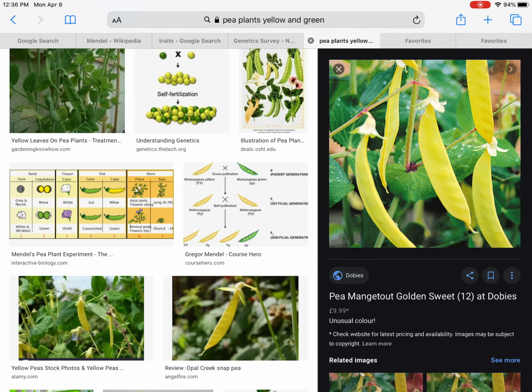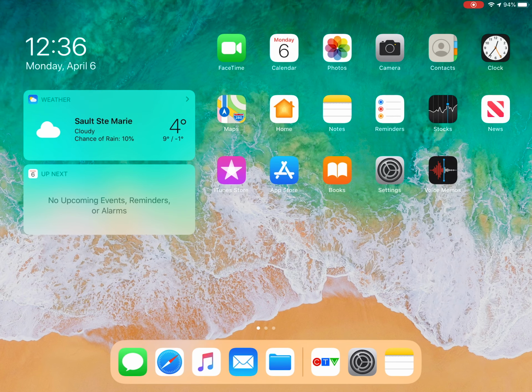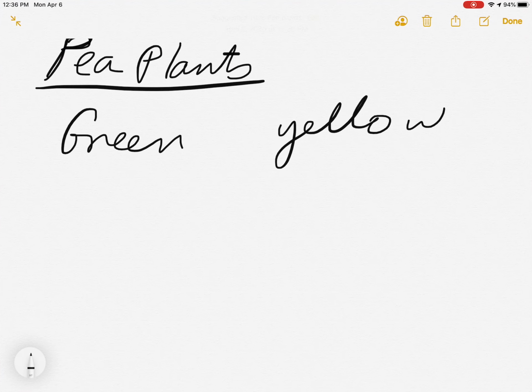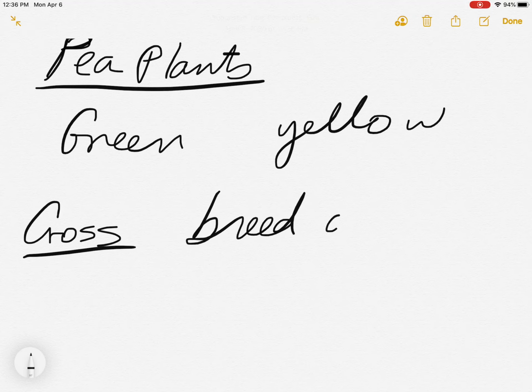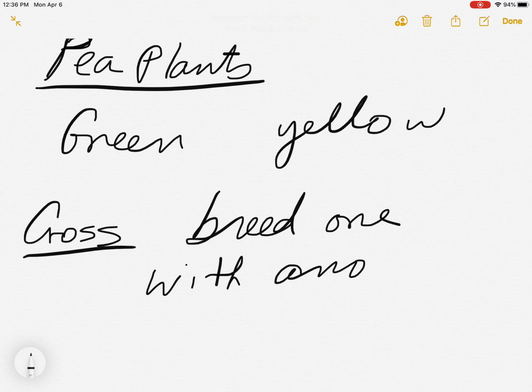Now, what's interesting, though, is that when he started to try to breed them, what he did is he did what's called a cross. A cross is when you simply breed one individual with another. So that's simple enough. So he decided to see what would happen if he took a yellow pea and he bred it.